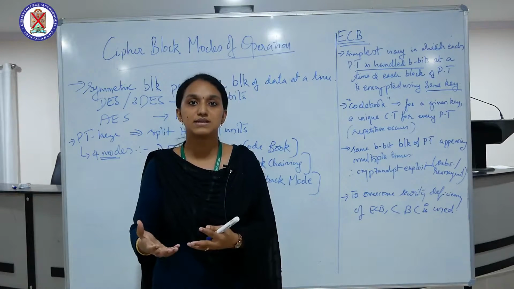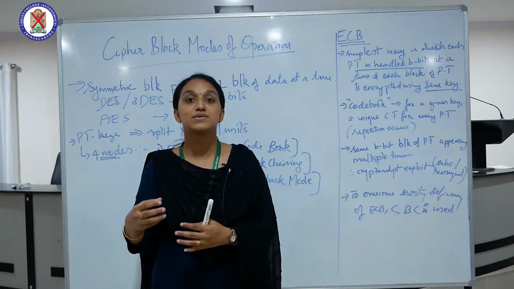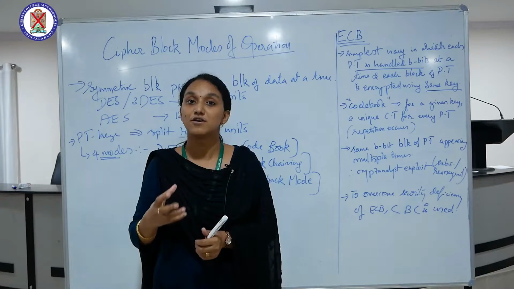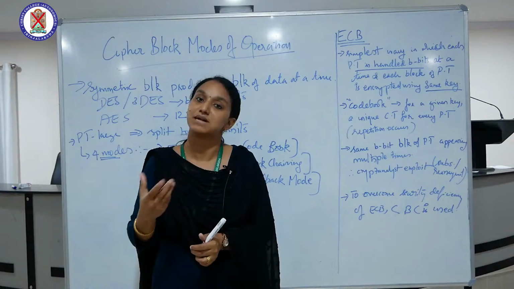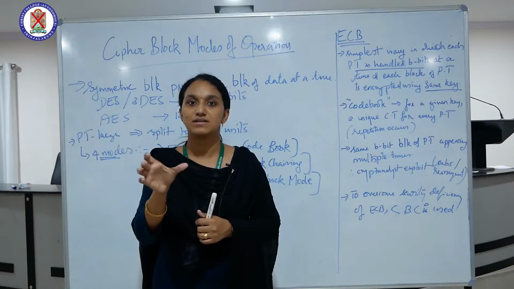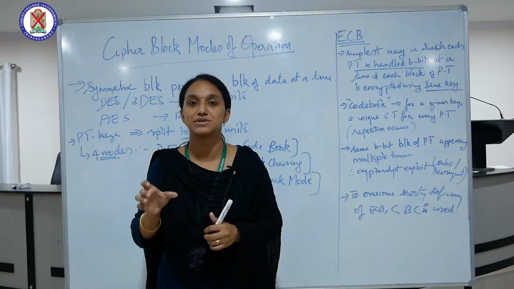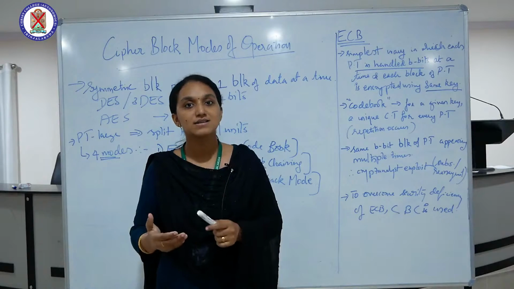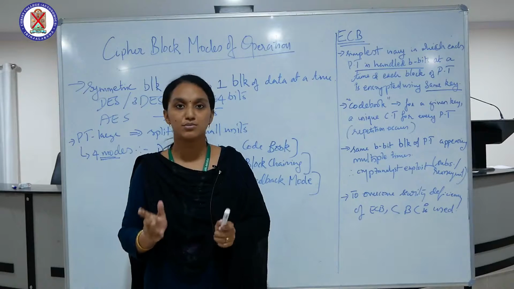That's a big drawback, because for the cryptanalyst who is trying to crack the information, it is easy, because the same information is repeating multiple times, so it's easy for him to work out the technique or the type of code being used. So it's easy for him to exploit it. That is one big drawback of the electronic code book mode.